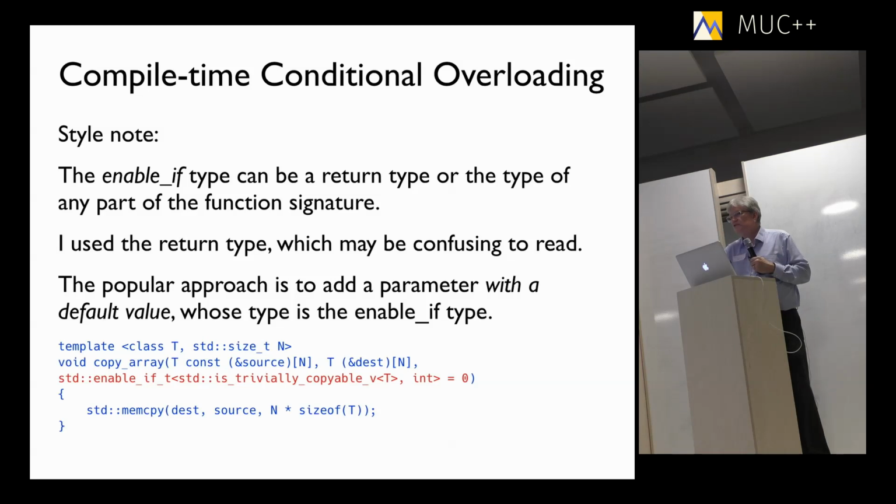It's only used to either disable or enable this particular function. It is an optional parameter that's never actually used, but it is used by the compiler to figure out whether to turn this thing on or off. And from a style point of view, that's the way people are going now, because that last parameter is just kind of ignorable, and it makes it more clear than what the return type is. Because you don't do anything fancy on the return type. That's just a style issue. It's going to work fine either way. Okay?